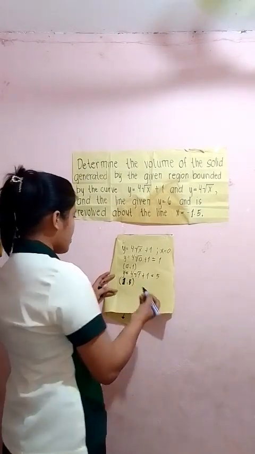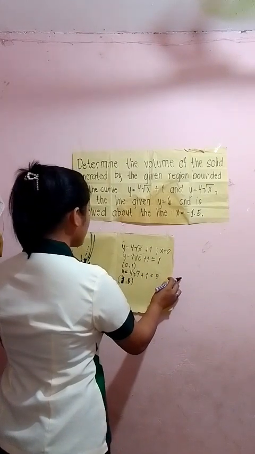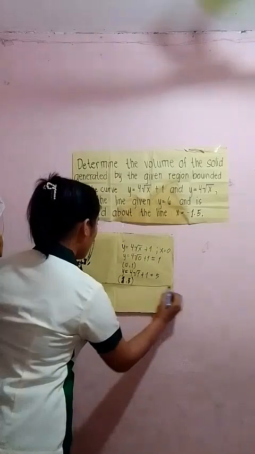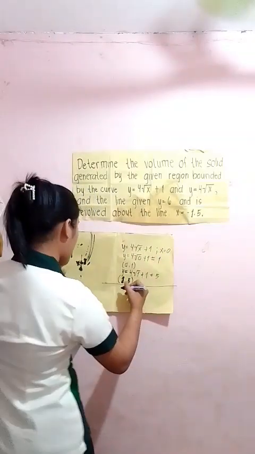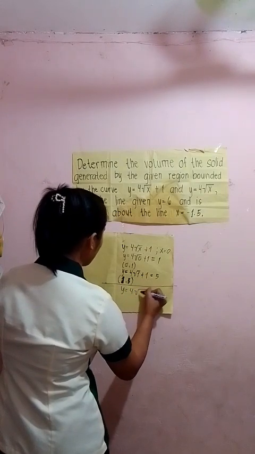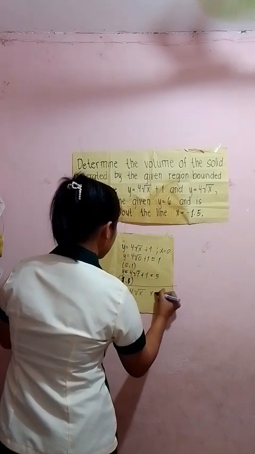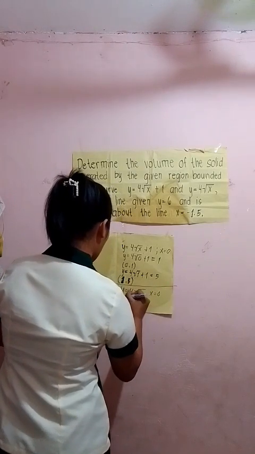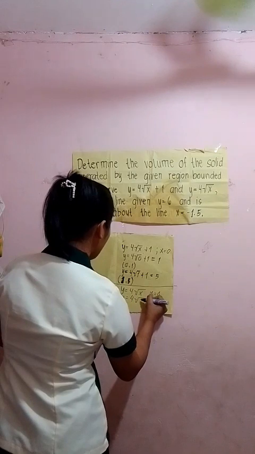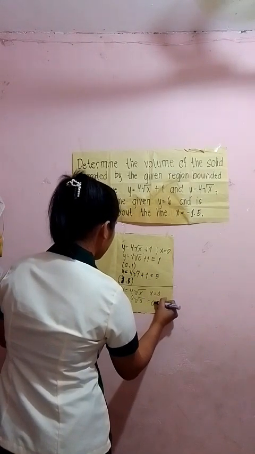Okay, next, we will try to get the value of x and y in this function. So we have here y is equal to 4 times the square root of x. If our x is equal to 0, what is our y? So our y is equal to 4 times the square root of 0 is equal to 0.